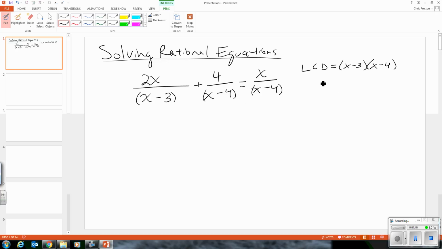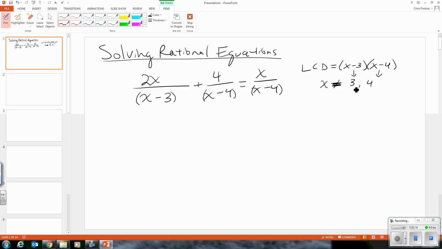Now, before I go on, there are a few values that will not work as answers. I don't know exactly what the answers are yet, but I know 3 is not going to work, and 4 is not going to work. 3 would make this x minus 3 zero, which means you'd be dividing by zero, and you can never divide by zero.